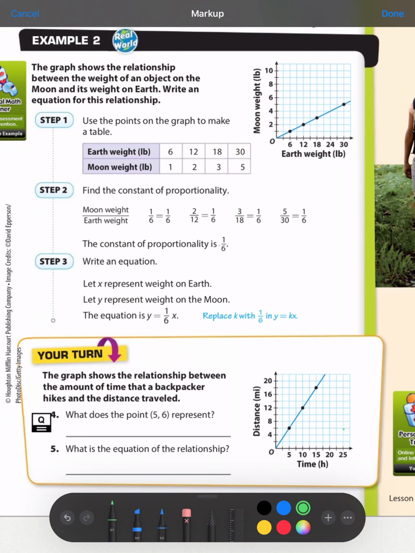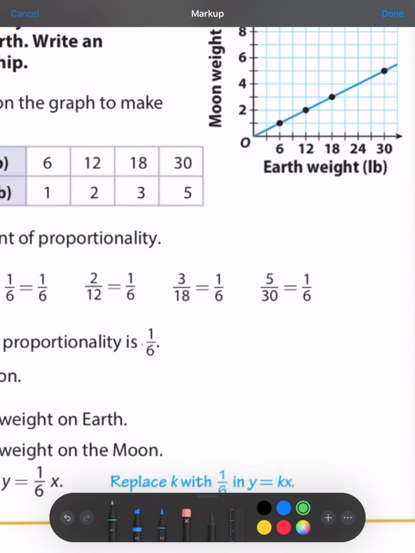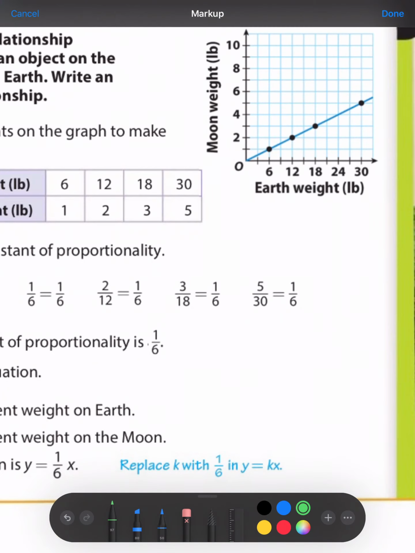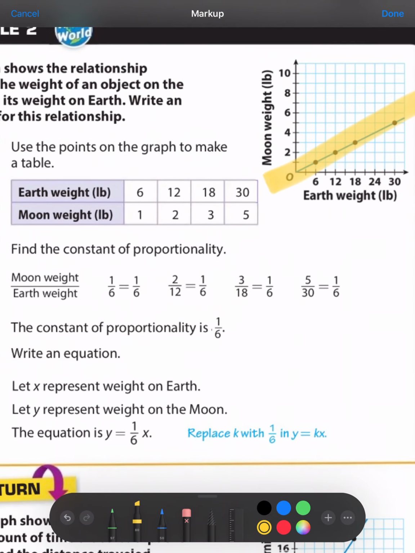Step 1, use the points in the graph to make a table. So we have our graph, and we notice that our points are the little black dots right here. The first one is at 6, 1, because you go over 6 and up 1. Our next point is at 12, 2.